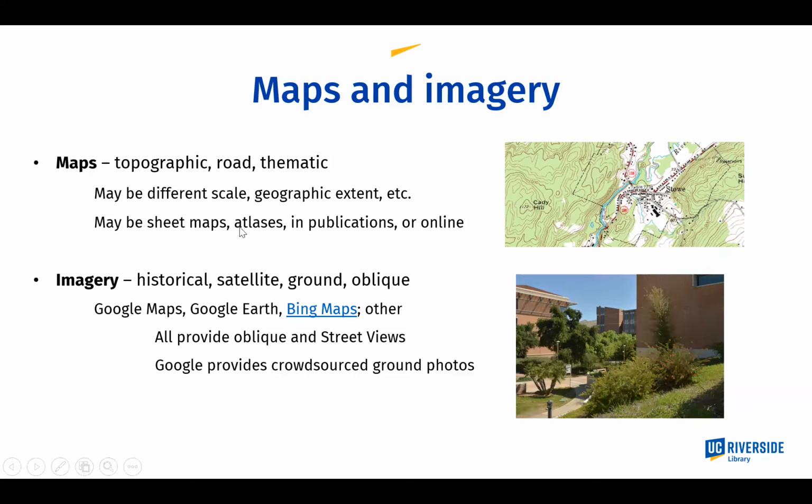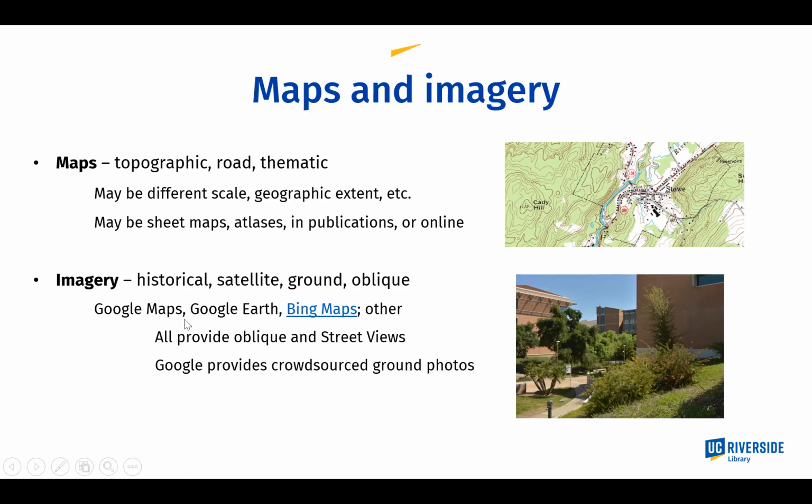All three of these applications or platforms provide oblique views and also street views. Excellent if you're going to do land use land cover interpretations. Street view can be a real godsend, and so can oblique at times.